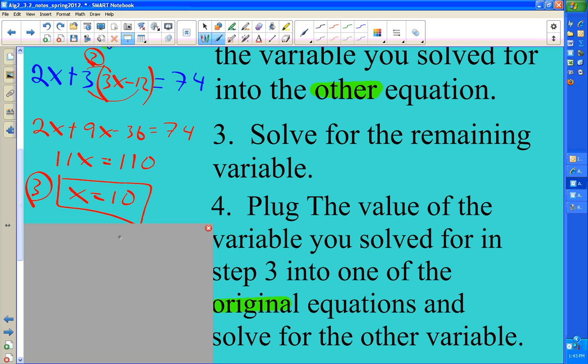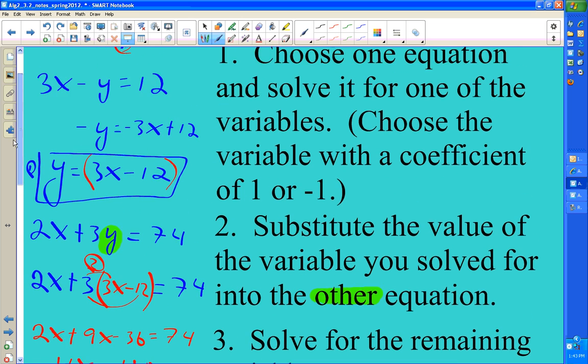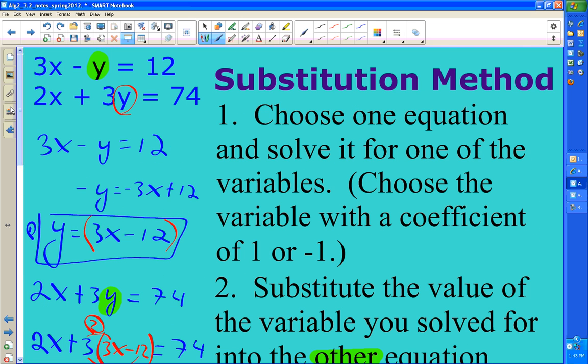Once you solve for that variable, plug the value of the variable you solved for in step 3, which was x equals 10, into either one of the original equations. So x equals 10, do you want to plug it into the first equation or the second equation? It doesn't matter. How do you know which one to pick? Whichever one looks easier. That's exactly right.